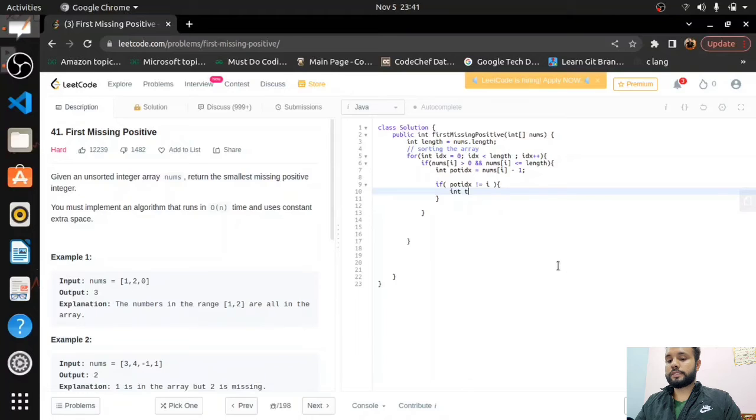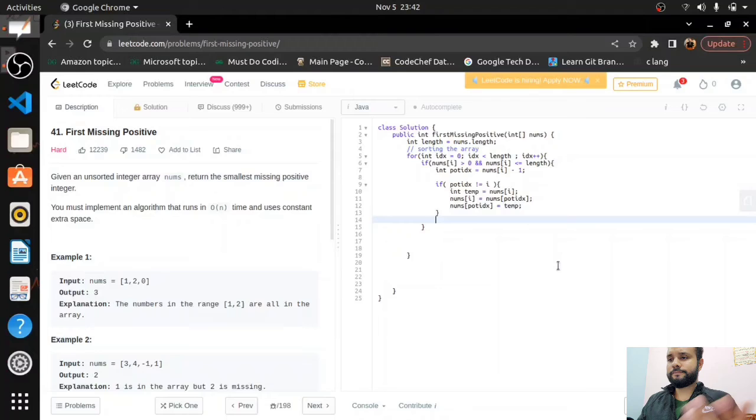So for swapping, let's say we take a temporary number, that is temp equals nums of i, and nums of i equals nums of potential index, and nums of index equals temp. So we just swapped it.